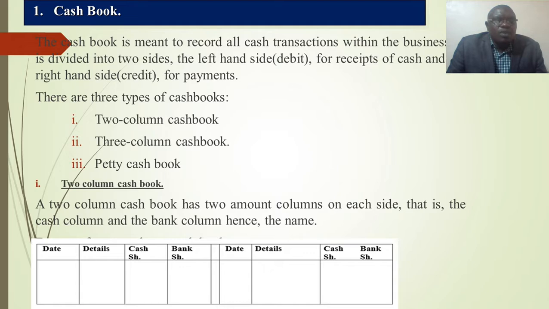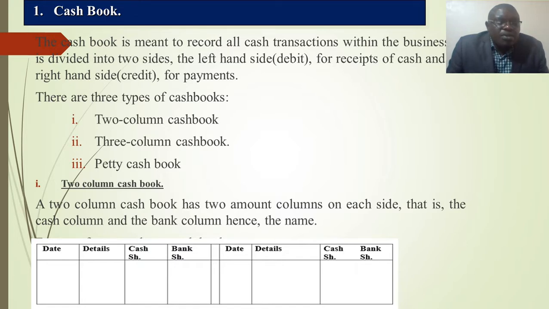One deals with the cash receipts and the other deals with the cash payments. The one dealing with the cash receipts is always the left-hand side, and it is called the debit side. And the one dealing with the cash payments is always the right-hand side and is called the credit side.